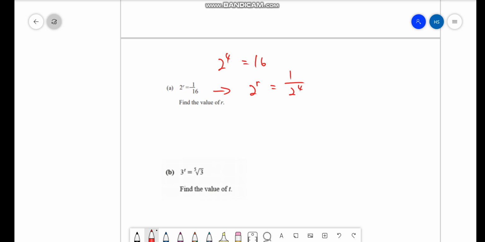If you want to compare, we must make sure this becomes 2 power something, so we have to invert this fraction. If I invert it, I will get 2 power r equals 2 power negative 4. Now the base numbers are exactly the same, which means your r equals negative 4. That's it.